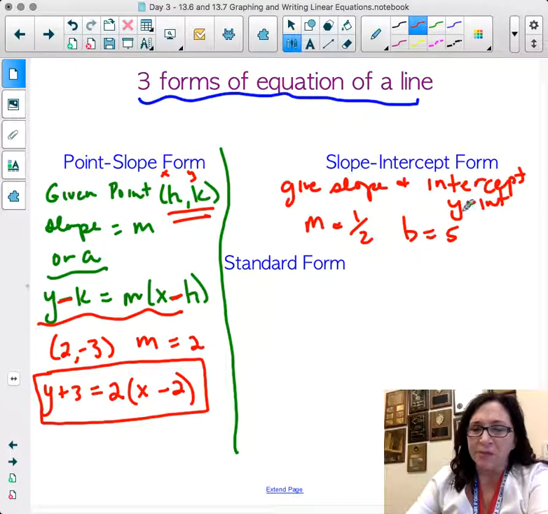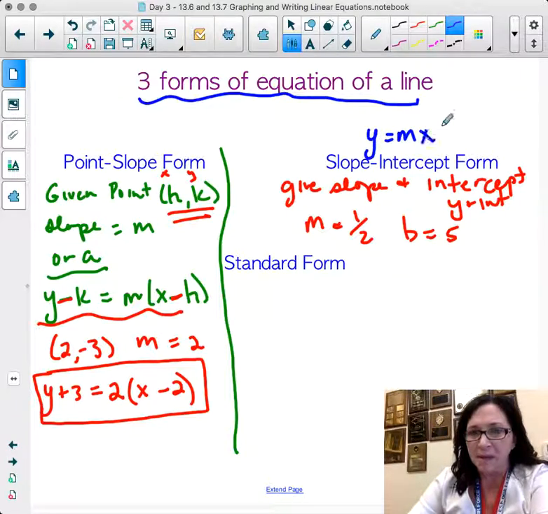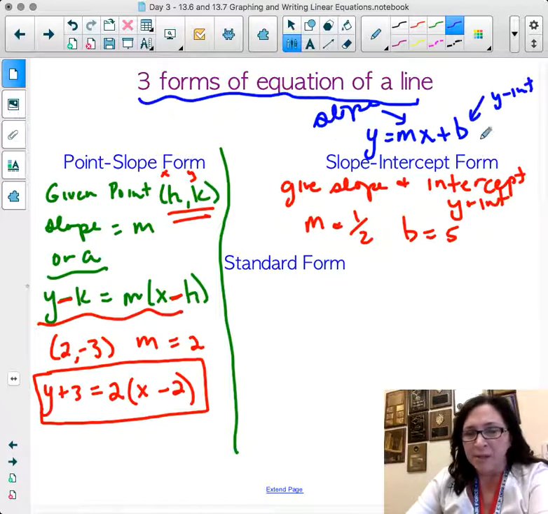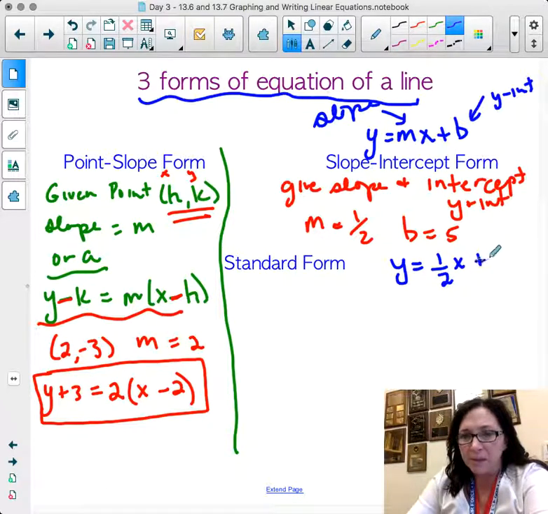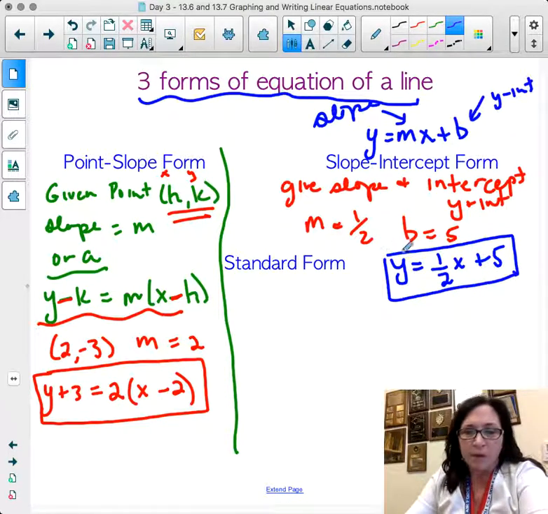The general form for that equation is y equals mx plus b, where b is my y-intercept and m is my slope. So given these values, my equation would be y equals 1/2 x plus 5. And so that would be the equation given a slope of 1/2 and an intercept of 5.